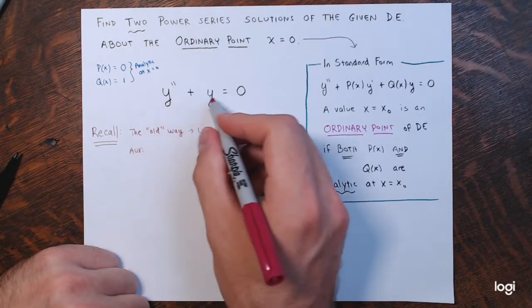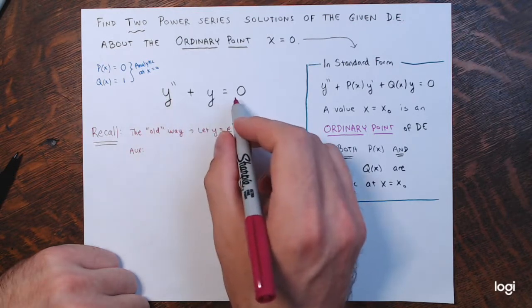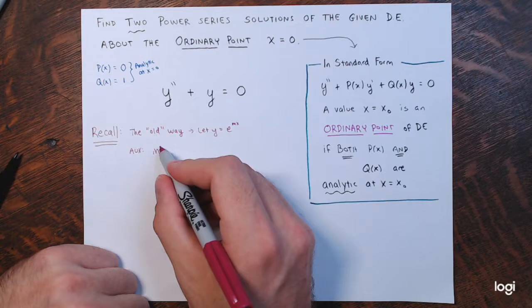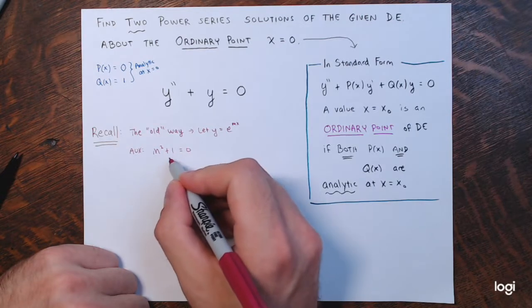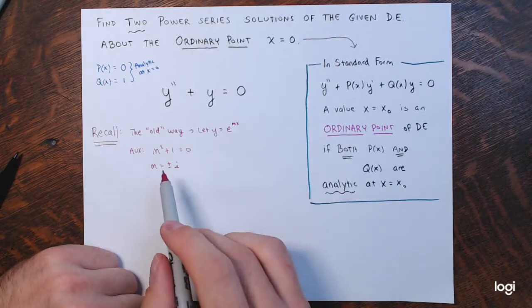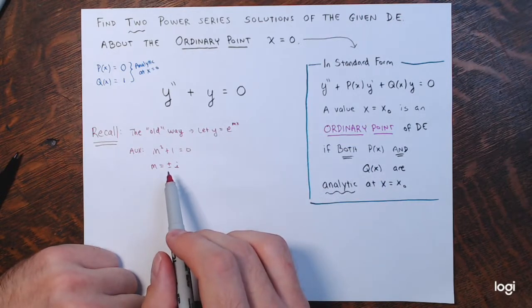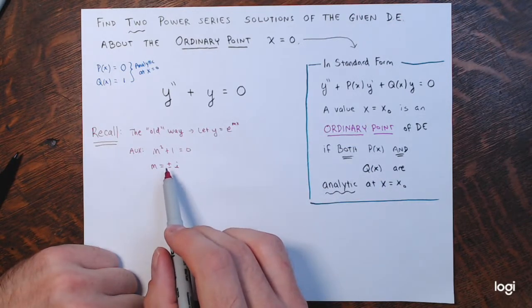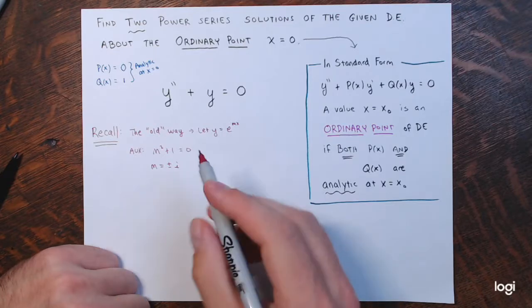Plugging this in, just taking the first derivative, second derivative, substituting, you get the auxiliary equation m squared plus 1 equals 0, and the roots would be imaginary, right? 0 plus i, 0 minus i.